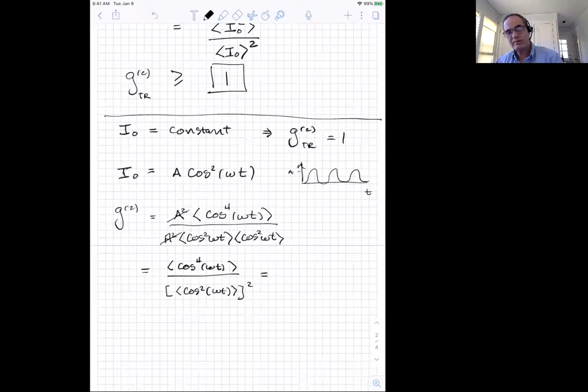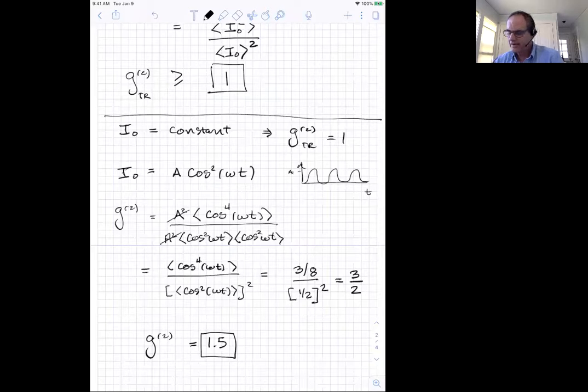And I'll let you work this out, but if you don't mind, I'm just going to write down the answer and spare us the math. The average value of cosine to the fourth is 3/8. The average value of cosine squared is 1/2. And then we have to square that. And so the result is 3/2. So G2 in this case is 1.5. So now we have something that's greater than 1.